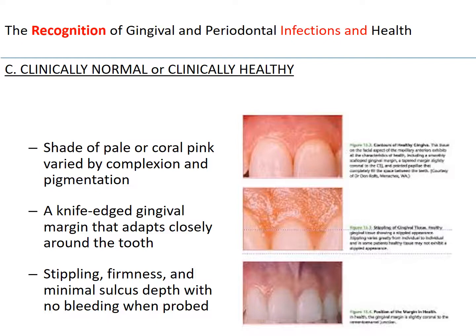It's going to be closely adhered to it. It's not going to be rounded, okay? So if it's nice and firmly attached, it's going to be kind of knife-edged, thin there, that's perfect. We're also going to see stippling and firmness and normal sulcus depth with no bleeding when probing.